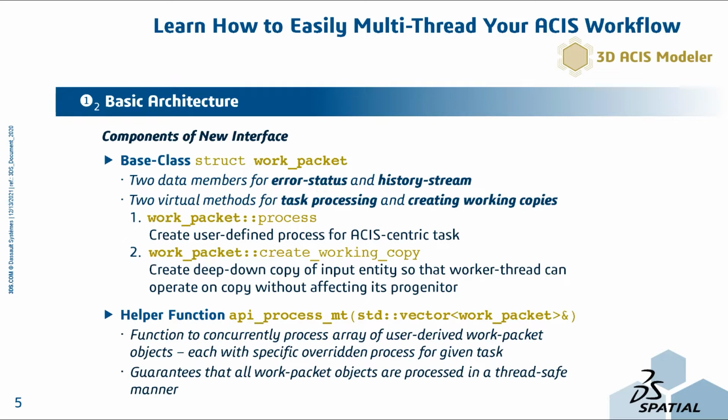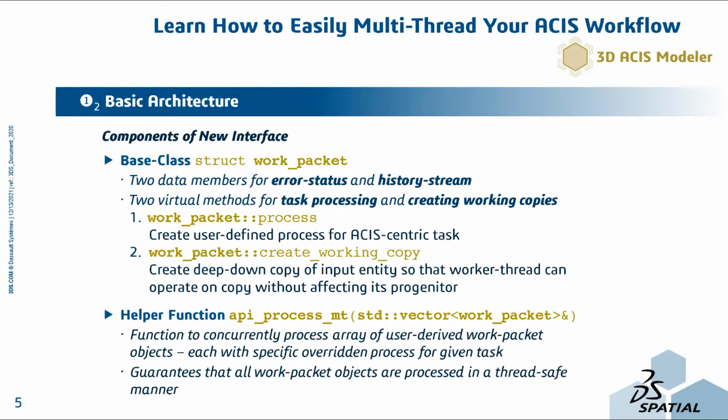For example, the Boolean subtraction of entities like bodies. The second virtual method, called createWorkingCopy, creates a deep copy of the input entity to the specific user-defined task in process so that the worker thread can operate on that copy without affecting its progenitor.